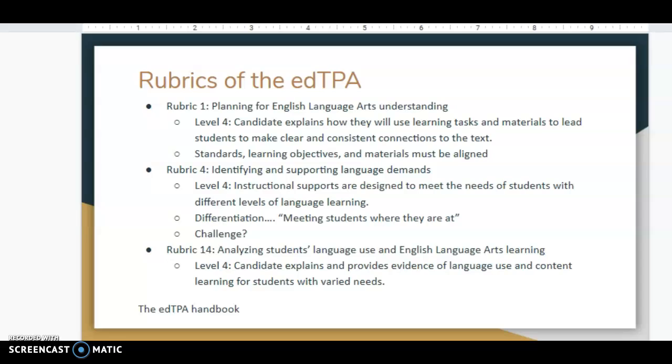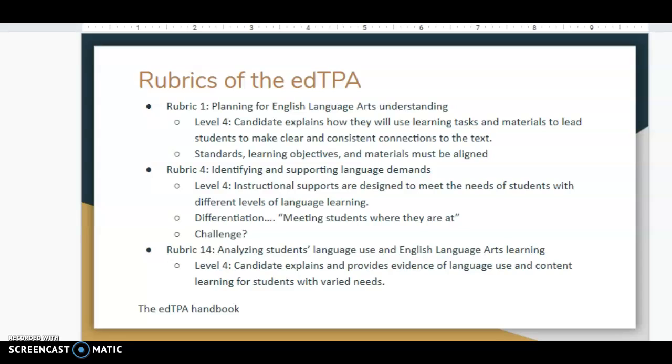Are you asking them to maybe dive a little deeper in an analysis, or take something a little bit complex, like find another resource that applies to their writing and add that in as a challenge as well? And so that's kind of where I see rubric 4 as, like, what are you doing to get those students where they need to be? What are you doing to challenge those students that are already there?